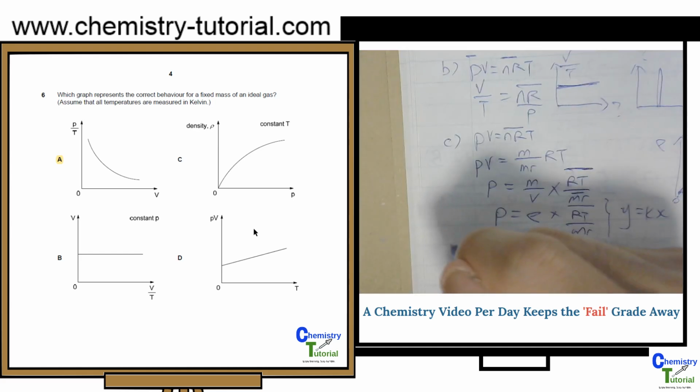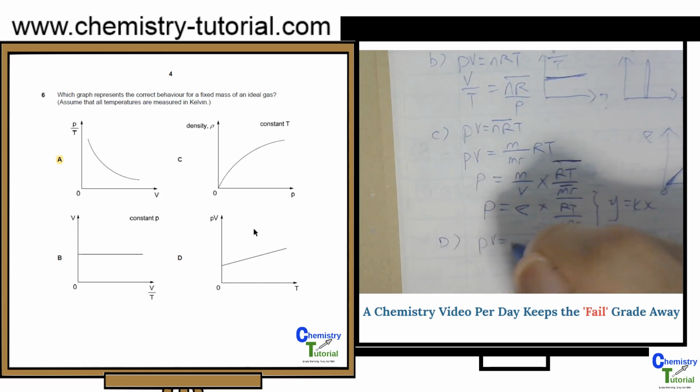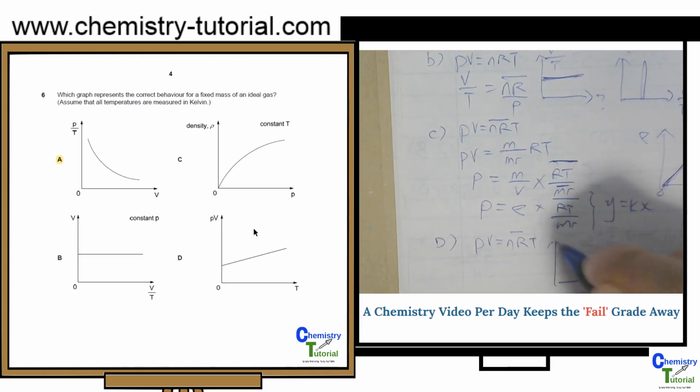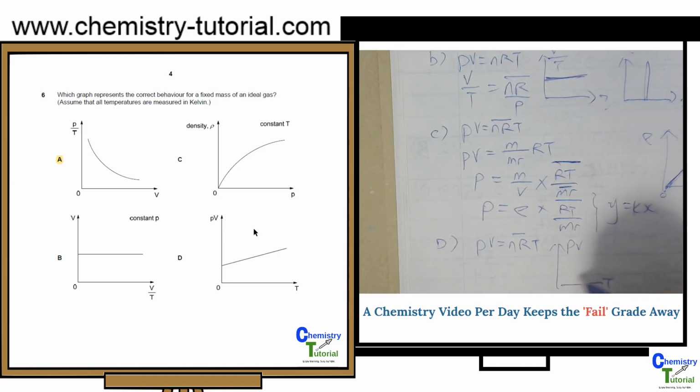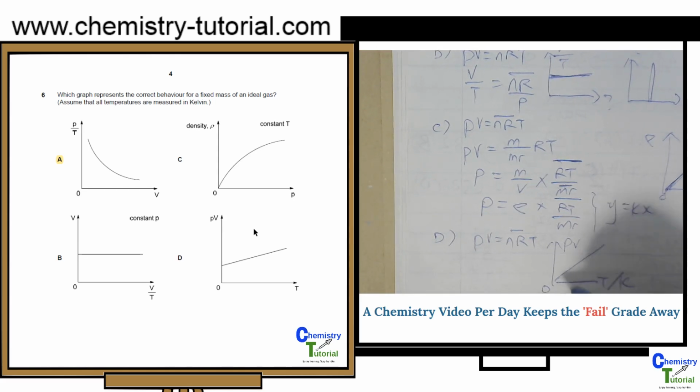Option D, let's look at option D. PV against T. So PV equals nRT, nR is fixed. Technically speaking, you are trying to plot PV against T, so the graph should look like this. Because T is in Kelvin, based on the question, assume that all temperatures are measured in Kelvin. In that case, we should have a straight line passing through the origin.